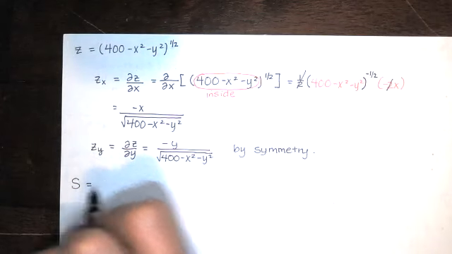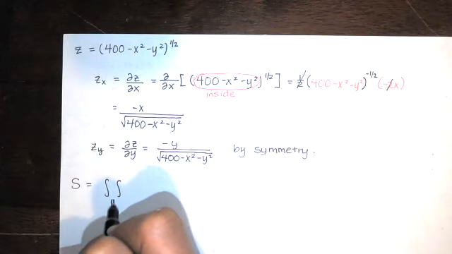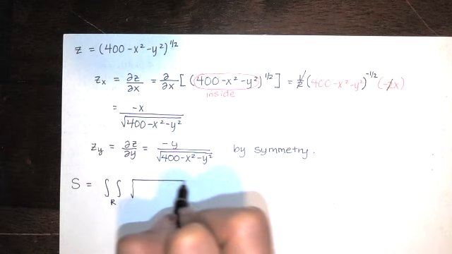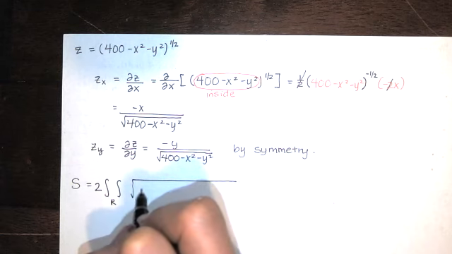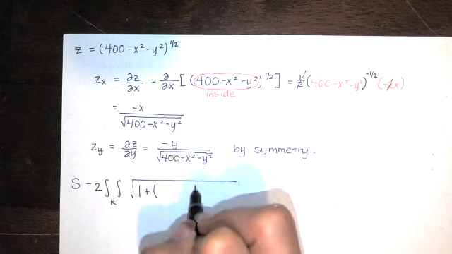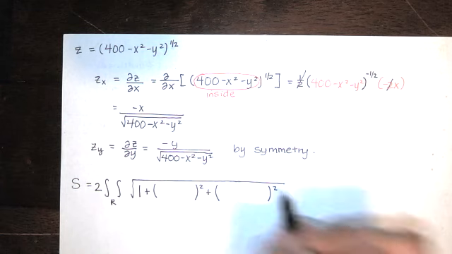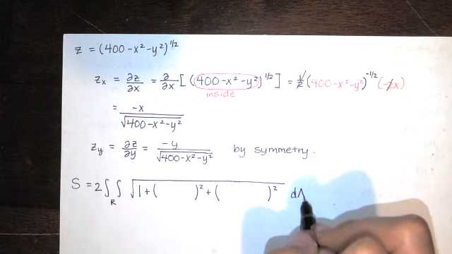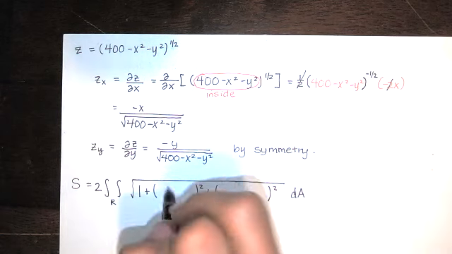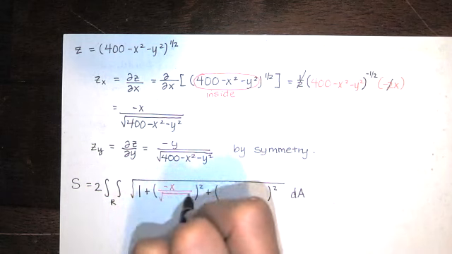That is enough for us to set up the integrand here. For my surface area piece, I've got the square root of 1 plus the partial derivative of z with respect to x squared plus the partial derivative of z with respect to y squared. And I'll substitute those in.